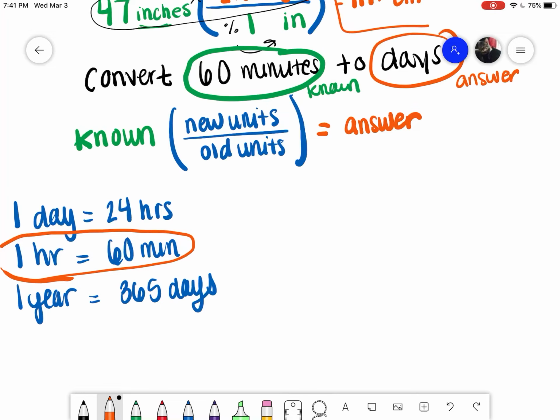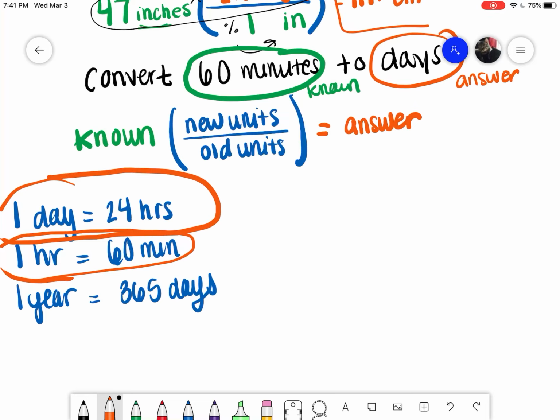So we can't get directly to days from minutes using 1 hour equals 60 minutes. So let's find our hour conversion. So we started with minutes and it gave us an hour. How about hours? Is that going to give us days? Well, if we look at our conversion with hours, it does give us a day.